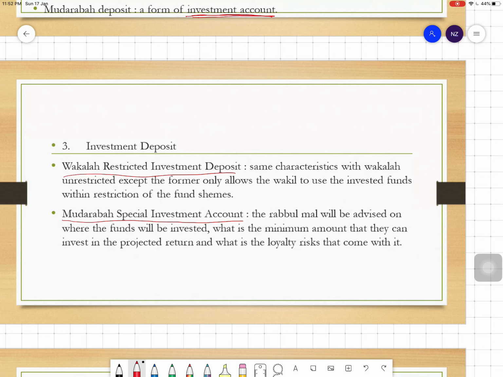So kalau korang tak boleh nak ingatlah Mudharabah Special Investment Account ni, dia punya nama kena sama, but dia punya explanation tu sama macam Mudharabah restricted types of contract. Okay, where all of the terms semua kena follow Rokbumal lah, and restricted to what Rokbumal wants lah. Okay, that one is investment deposit.